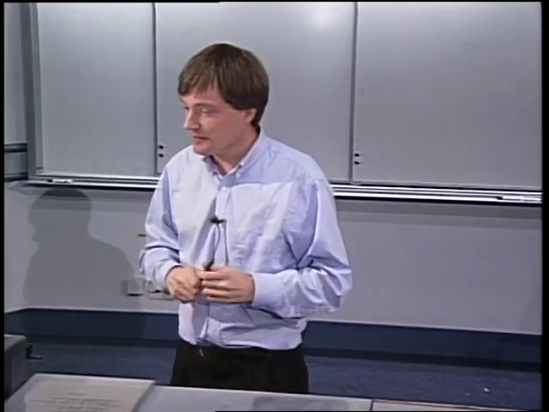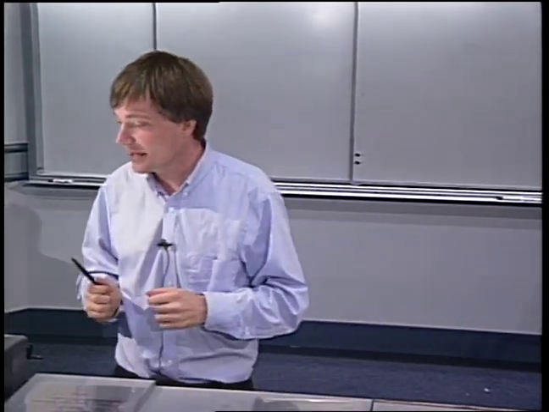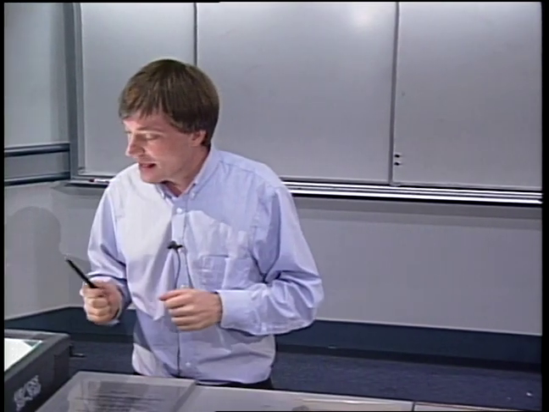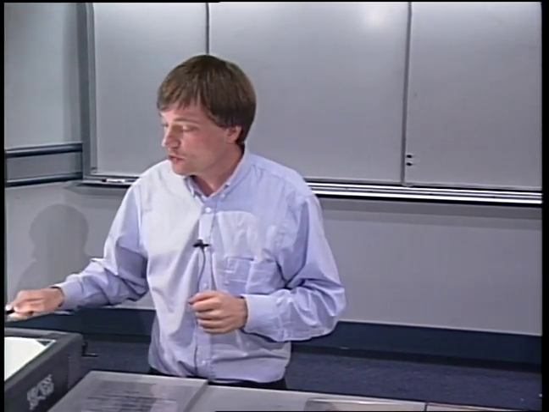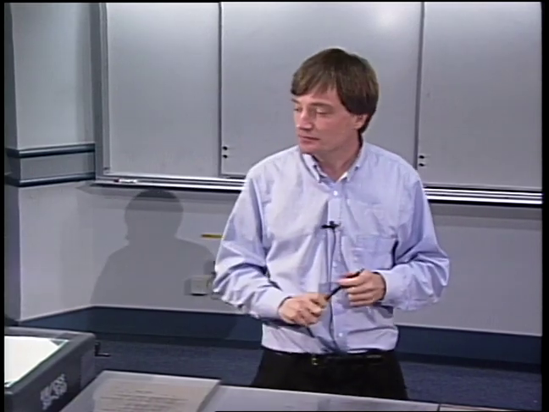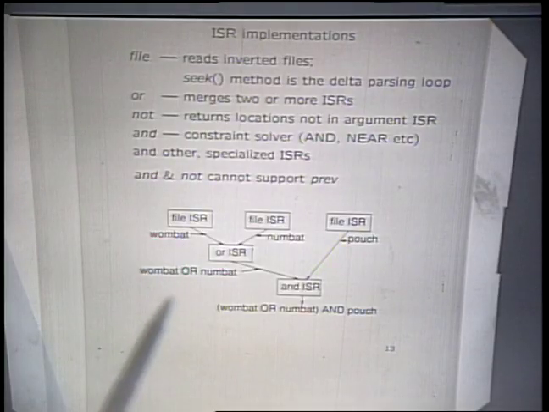Once you have these streams and these implementations, you can build up queries in a very natural manner. So for example, I apologize for the marsupial nature of these queries. If you wanted to do the query wombat or numbat and pouch, you could build it up by creating, first of all, these basic index stream readers which read directly from the inverted files.